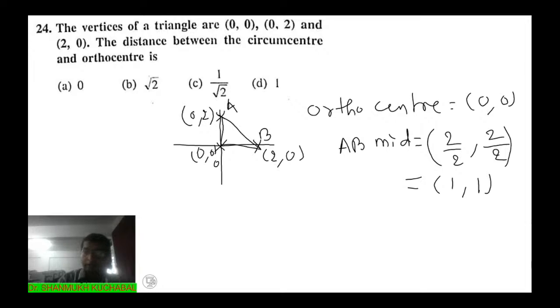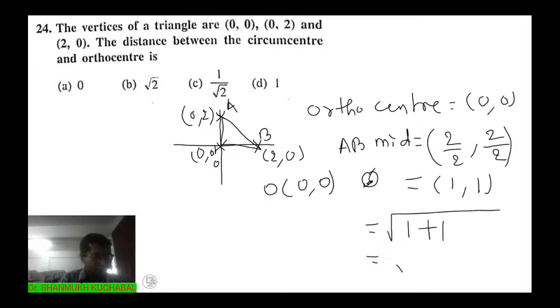It is the distance between O and this midpoint that we have to calculate. O is (0, 0) and the midpoint of AB is (1, 1). The distance between them is (0 minus 1) whole square, which is 1, and (0 minus 1) whole square, which is 1, so it is root 2. Therefore the right option is B, root 2.